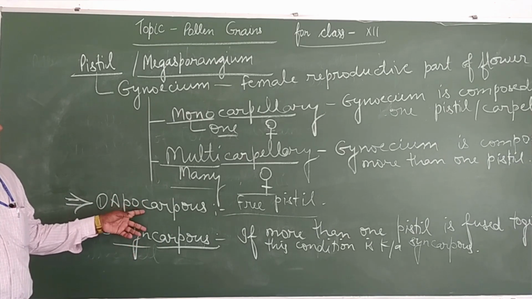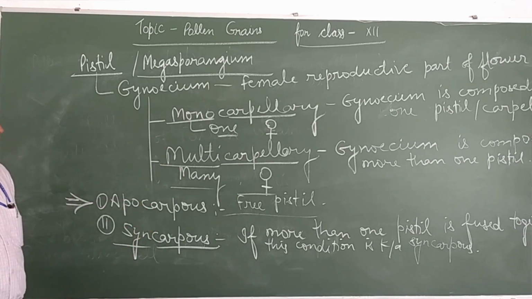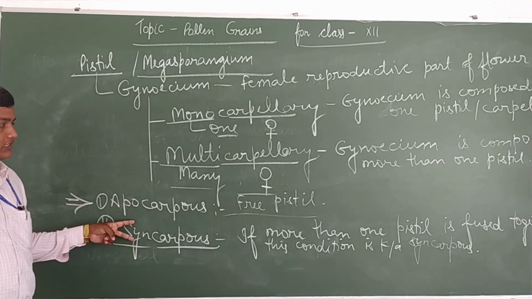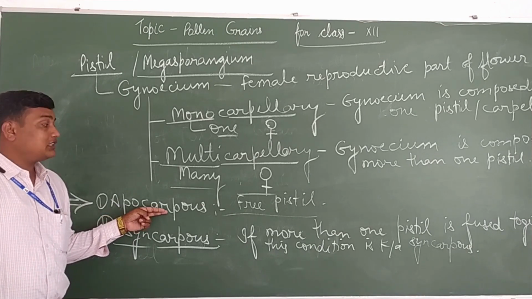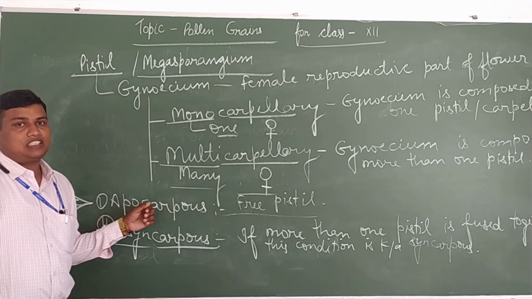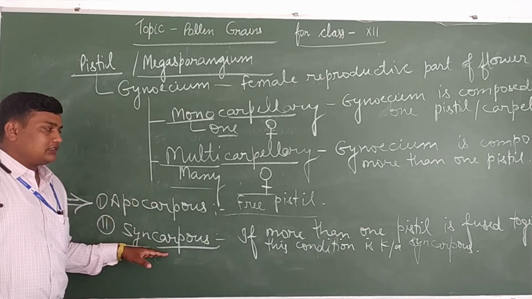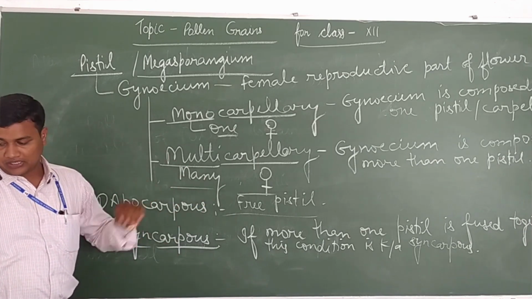Both conditions occur in the multicarpellary structure. Apocarpus means many pistils are there, but they are free and separate. But in syncarpus, various carpels or pistils are fused together.